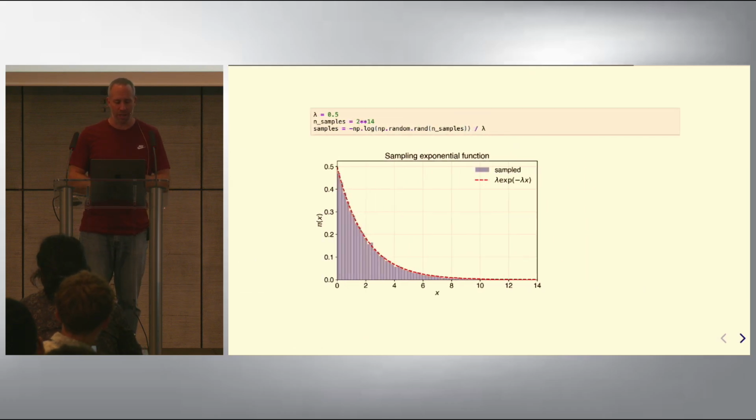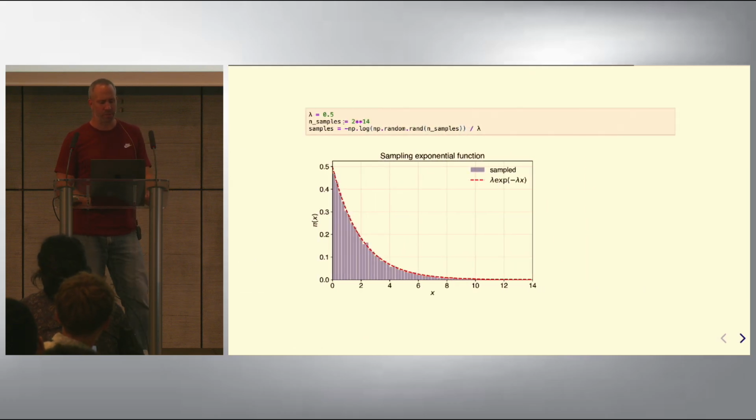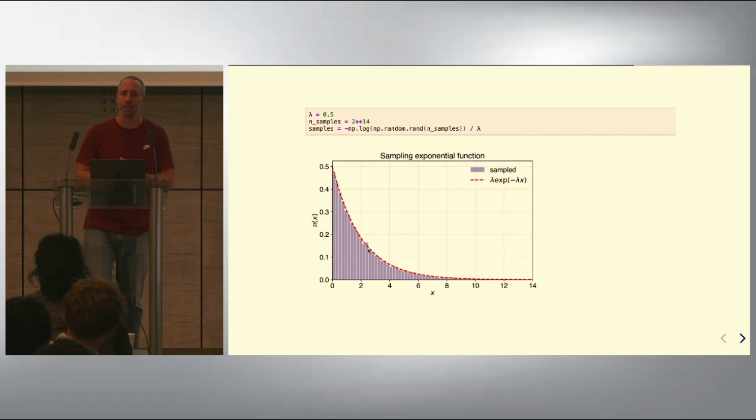Again, you can give it a try. Just take many samples, 2 to the 14, take a list. These are numbers that are sampled uniformly between 0 and 1. I take minus the log of this and divide by lambda, and you see I get this purple histogram, which is, again, exactly what I'm expecting, the target distribution, this exponential.